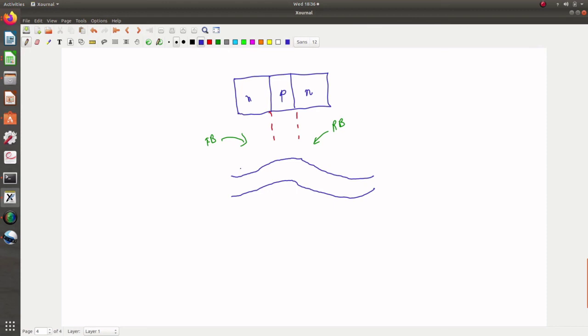As you know, the emitter base junction is forward biased, so a negative potential is applied at the N side, and electrons from the emitter side move to the base side.